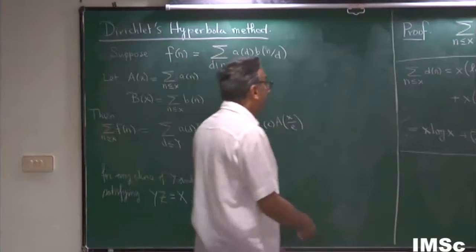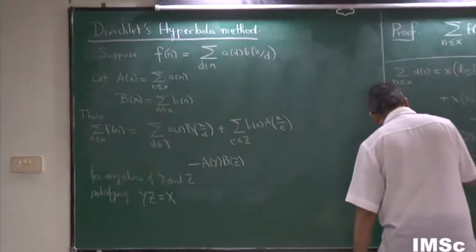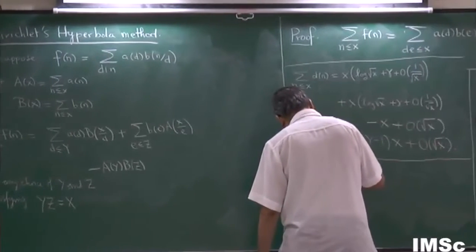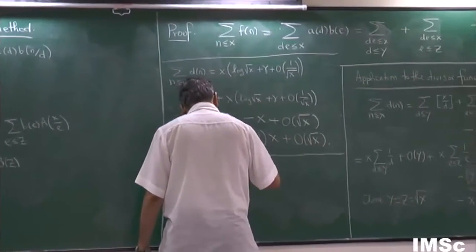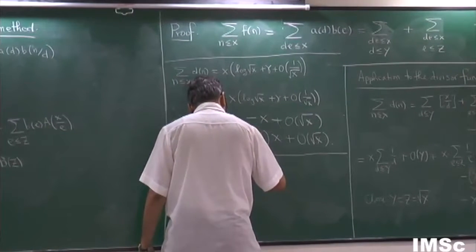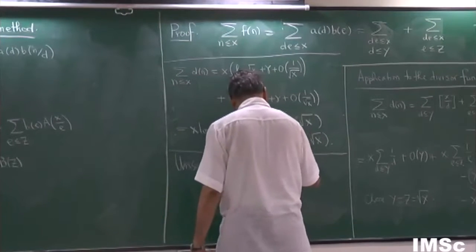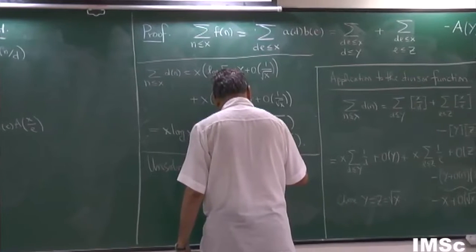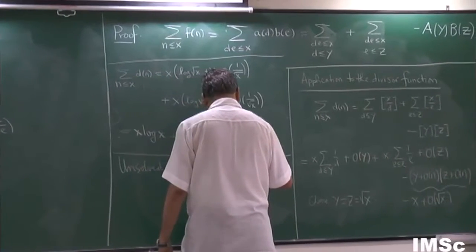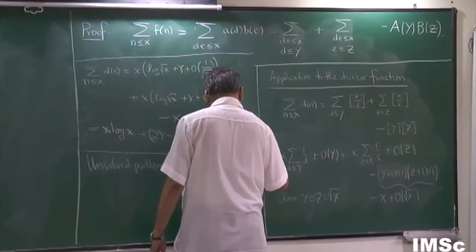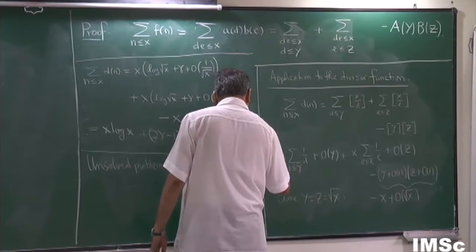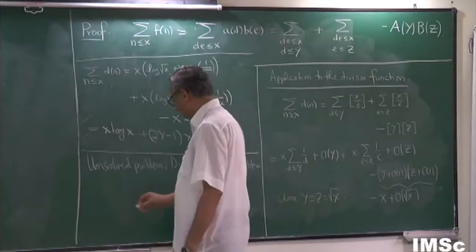So now I might as well mention to you there's a major unsolved problem called the Dirichlet divisor problem. And the problem is, what is the error term?